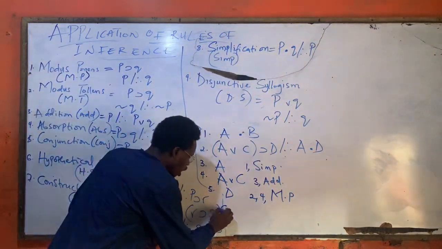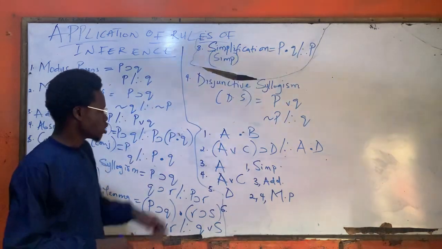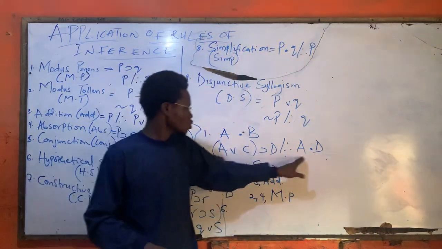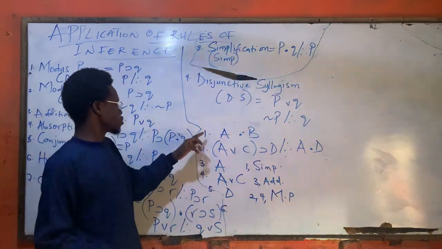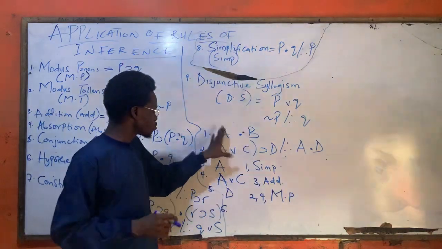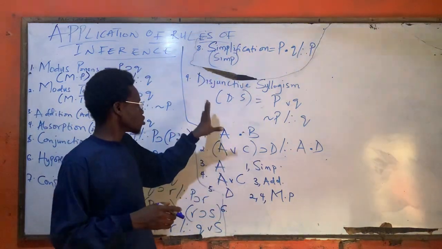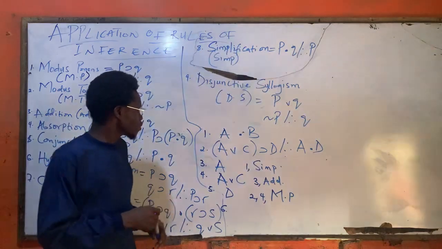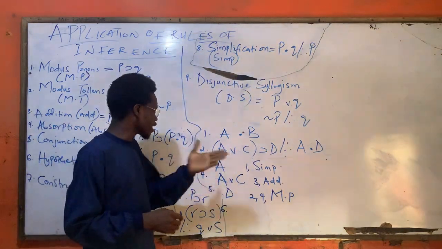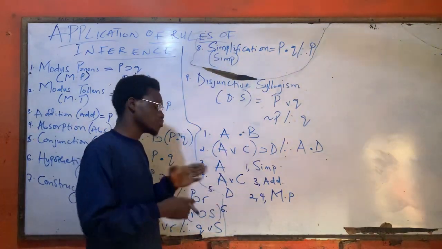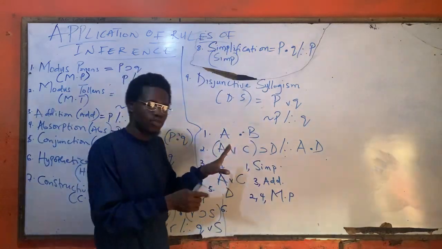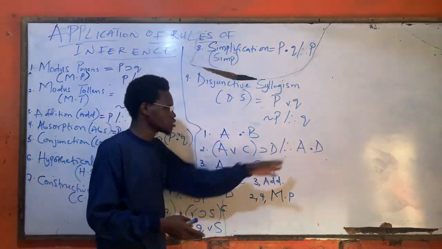So we are not done yet, because this is where we are going to. Now, you need to take note of something: when you are resolving an argument using rules of inference, you can use any of the lines, regardless whether you used it before or you didn't. You can use it as many times as you like, inasmuch as it serves the purpose of arriving at your what?